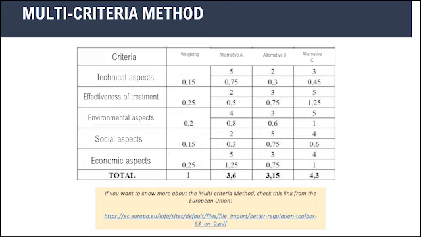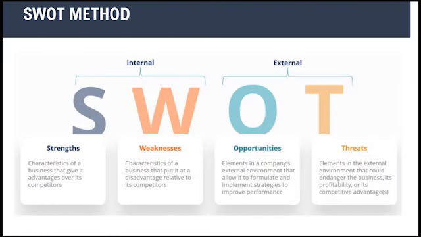The next one that we are going to see is the SWOT method. It is a simple method that examines the positive and the negative factors of a project, program, initiative, or sometimes an entire organization. So it takes into account both external and internal aspects.